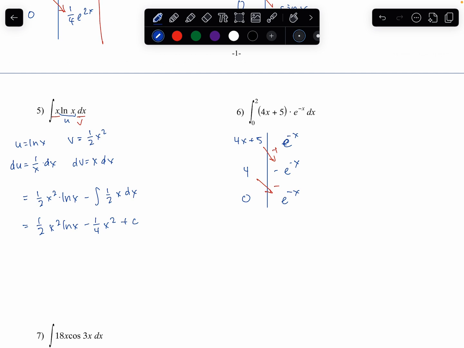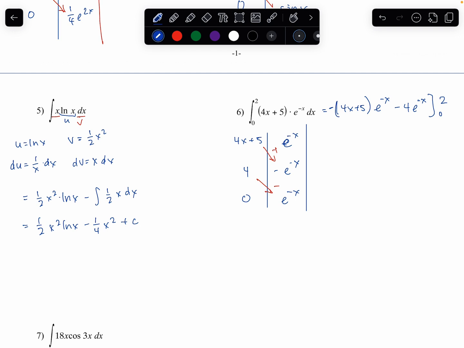So then this will be equal to 4x plus 5 times negative e to the negative x, minus 4 e to the negative x, not plus c this time, it's going to be from 0 to 2.